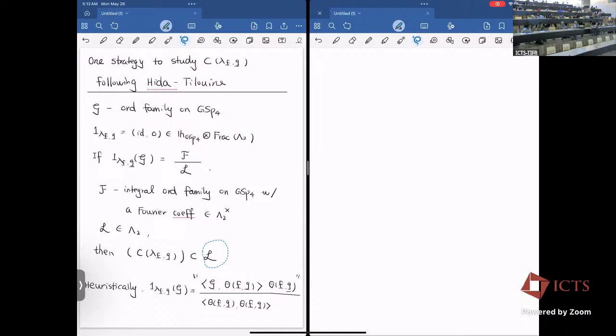You can do that instead of taking it for a family. You can take a local component of the algebra, I suppose. Right, yes, I can take a local component.